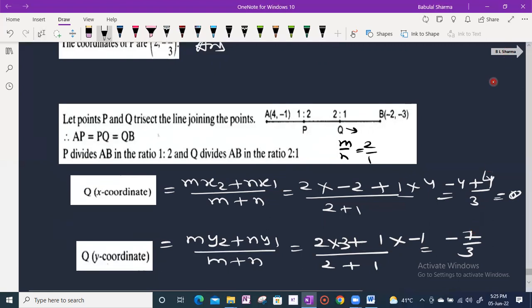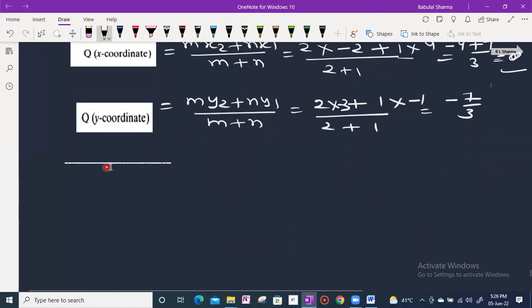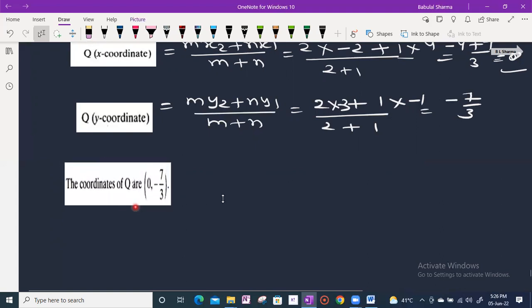Therefore, student, the x coordinate of point Q is 0 and the y coordinate of point Q is minus 7 by 3. So the coordinates of point Q are (0, -7/3).